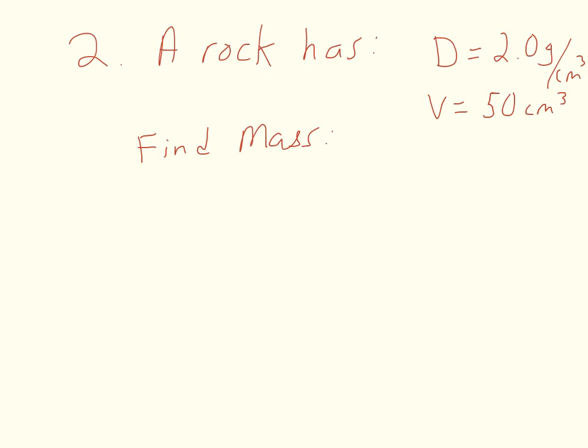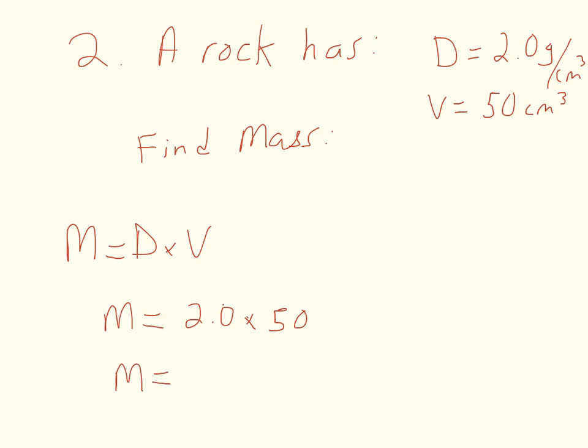Okay, so now we're going to use our equation mass equals density times volume. And all you got to do is plug it in. So that means that mass equals density, 2.0, times volume, 50. And that means that mass equals 100 grams. Remember, our unit of mass is in grams.